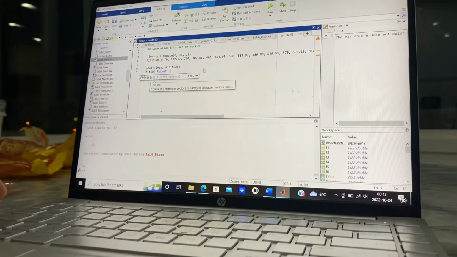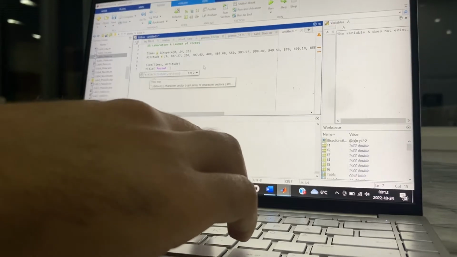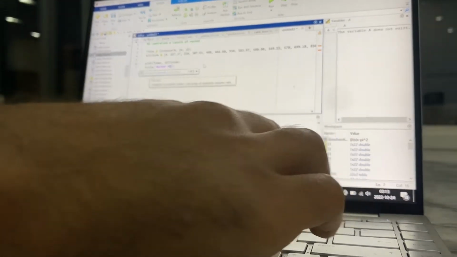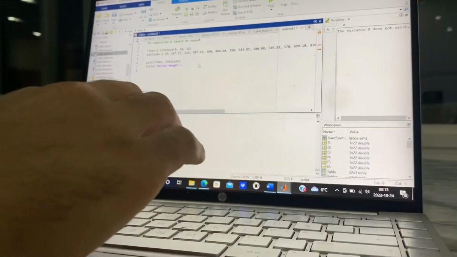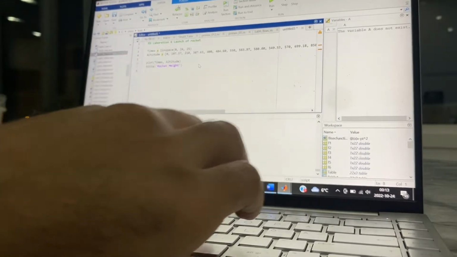I mean, I'm gonna give it rocket height because this is the altitude, so rocket height, and then the X label here is time in seconds.